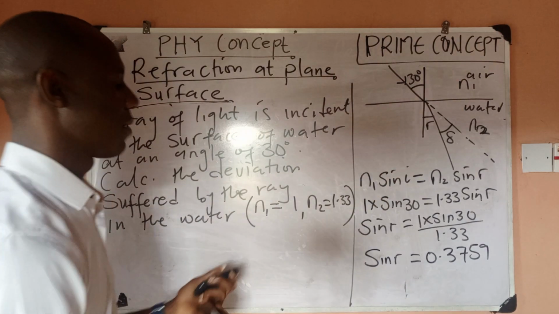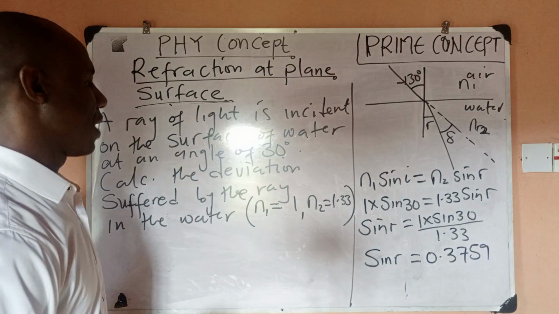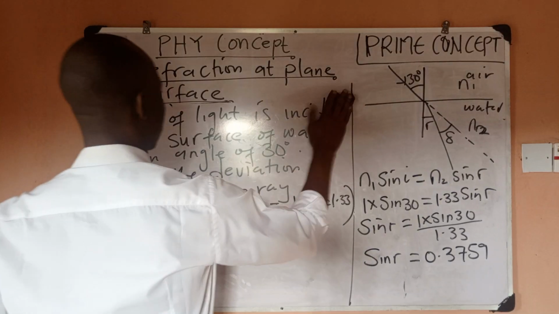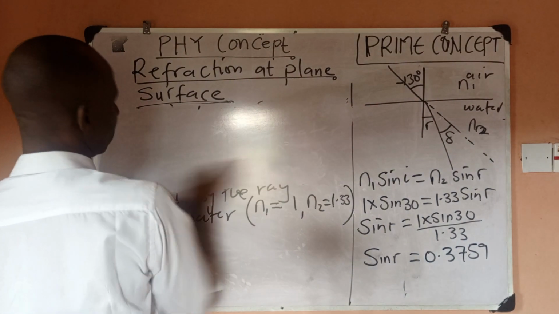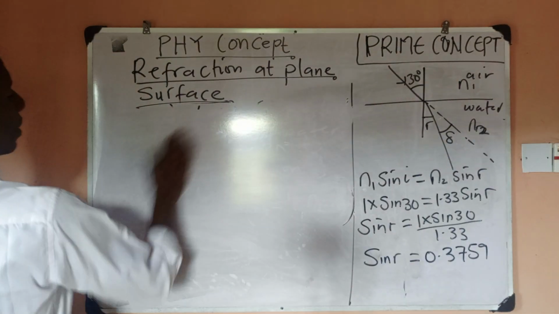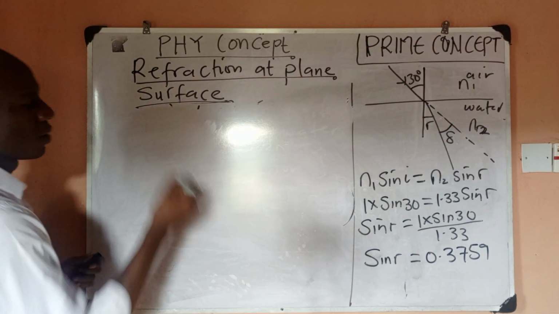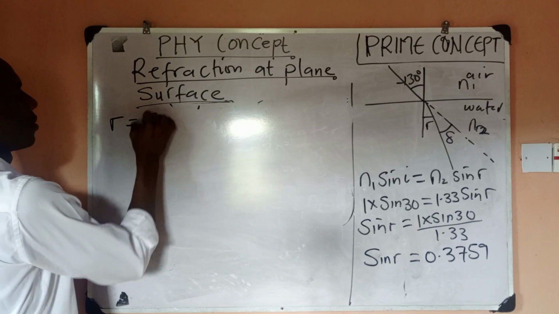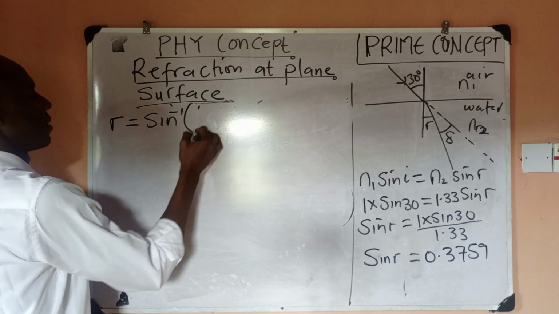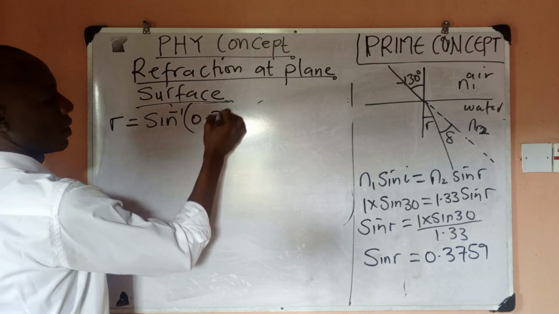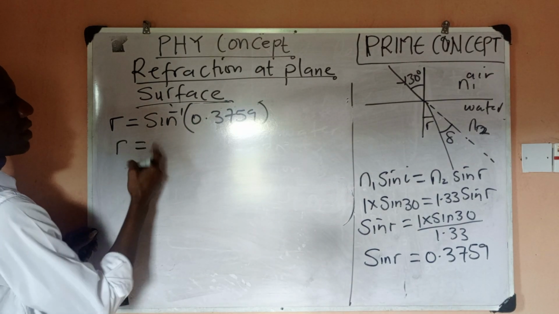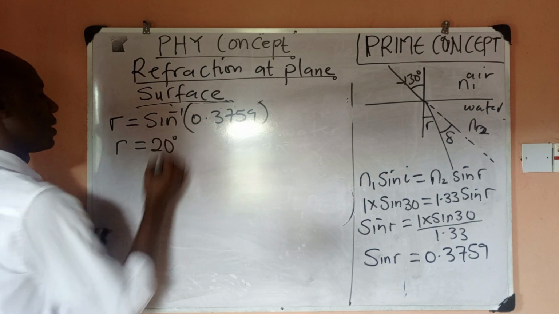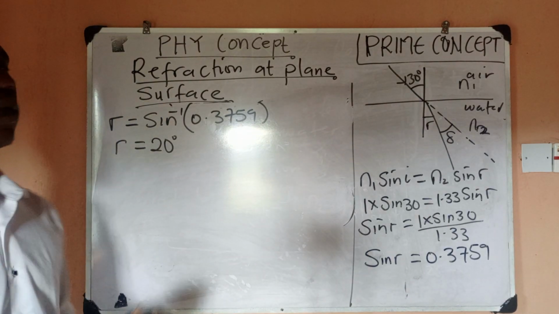So this is what I have as sine R. So if I do the sine inverse, I would have that R is going to be the sine inverse of 0.3759. So that when I punch this, I'll get R as approximately 22 degrees.